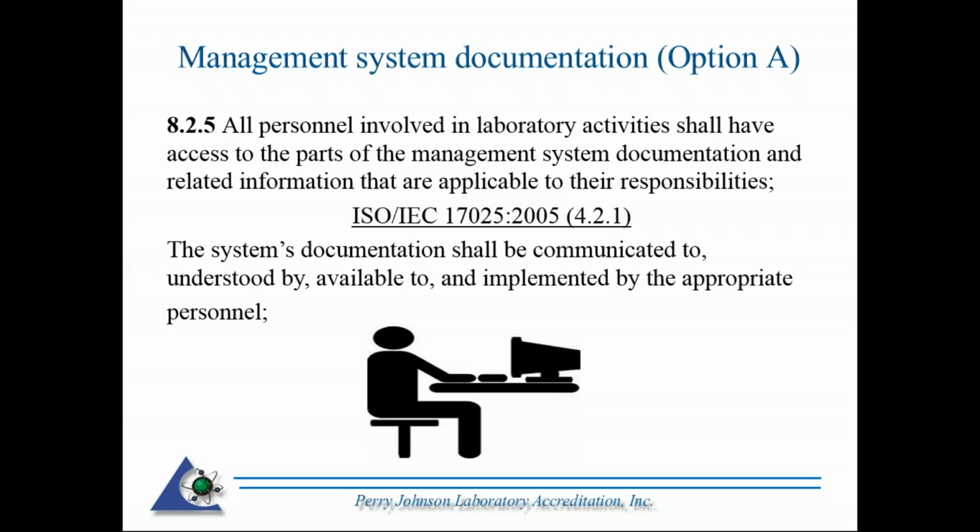2017, Clause 8.2.5: all personnel involved in laboratory activities shall have access to parts of the management system documentation and related information that are applicable to their responsibilities. That requirement was captured in 2005, stating that the system's documentation shall be communicated to, understood by, available, and implemented by the appropriate personnel.